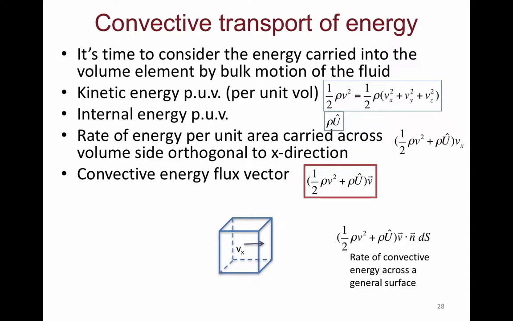Now, how does it move in? If I have a control volume, I can enter that volume only orthogonally through its sides. So in a Cartesian coordinate system, for instance, the part that enters through the side that is orthogonal to x coordinate vector, is simply this amount of energy that is moving around times the x coordinate of the velocity.